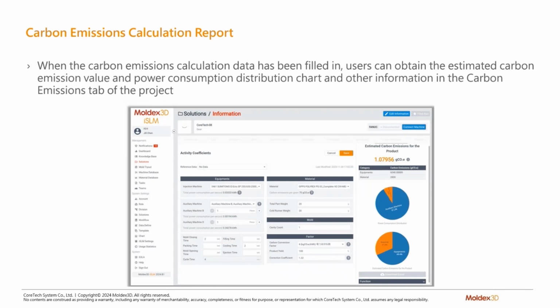Then when the carbon emission calculation data has been filled in, users can obtain the estimated carbon emissions value and power consumption distribution chart and other information in the carbon emissions tab of the project.